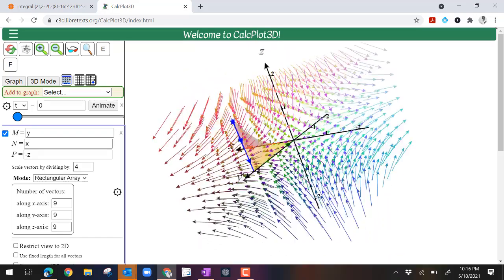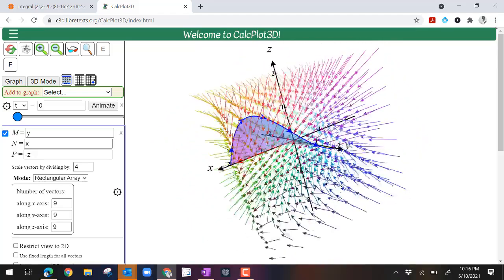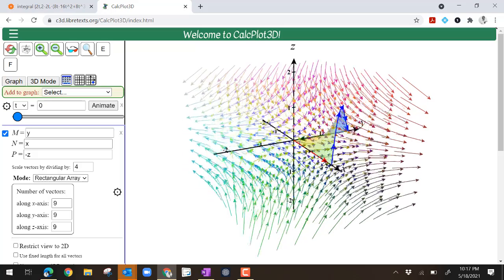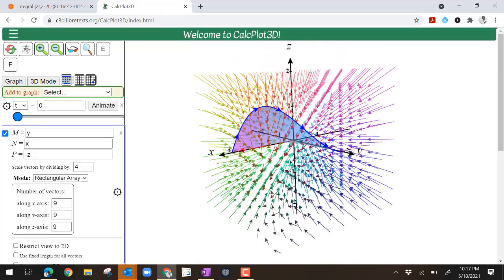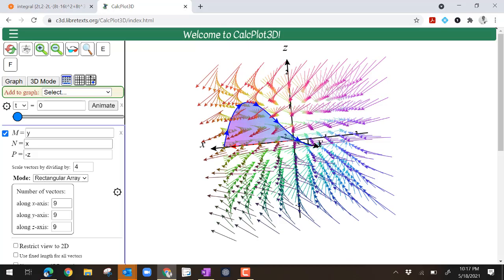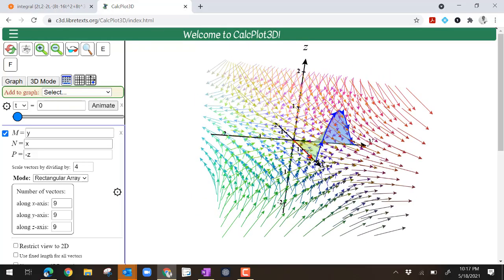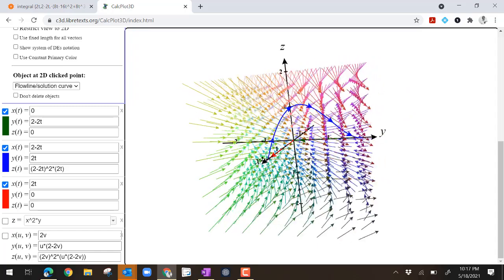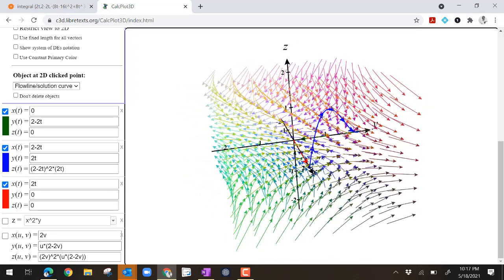So it's not easy to see what's happening, and it's not easy to guess what your final outcome would be, but apparently the flux of the curl here is going to be 0. I guess if we're looking at the vector field itself, we're looking at the line integral of the vector field, so it would be focusing on what's happening along the curves, not the surface.